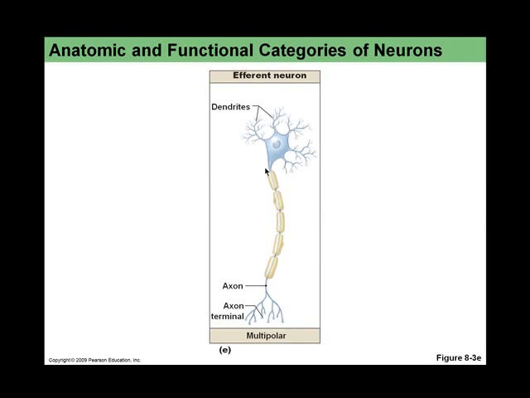But predominantly, we see all the other kinds of neurons. And the efferent is the classical multipolar neuron, such as the alpha motor neuron that innervates the skeletal muscle fiber directly. So you have this extensive dendritic tree and the large cell body and the axon that is heavily myelinated with these multiple terminals.